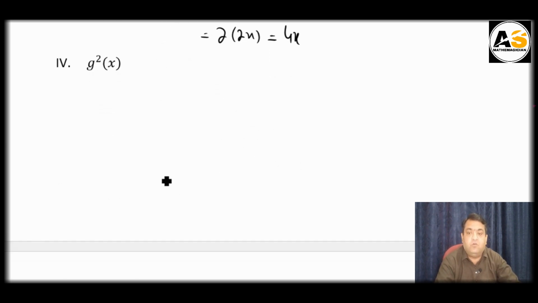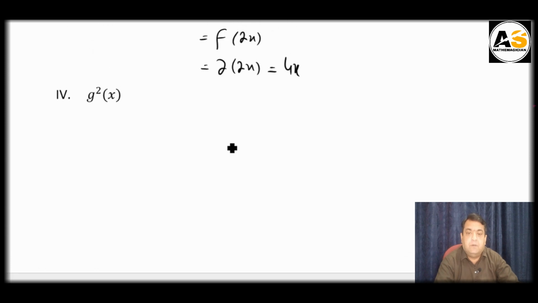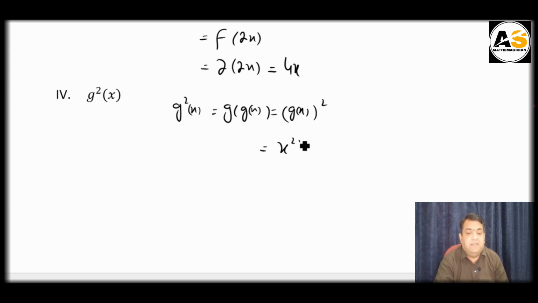Similarly, now we are going to find g square of x. G square of x is equal to g of g of x. G of x is equal to x square. So this will be g of x square, which will be x square's square, ultimately x power 4.